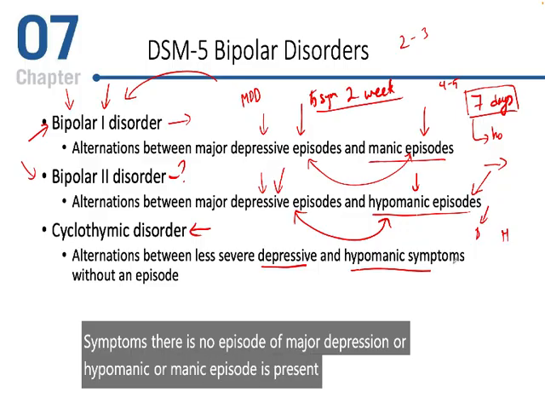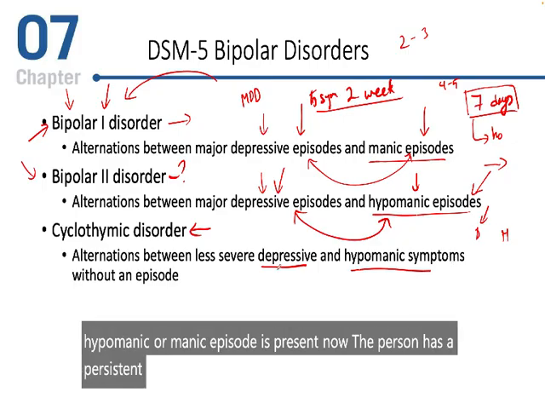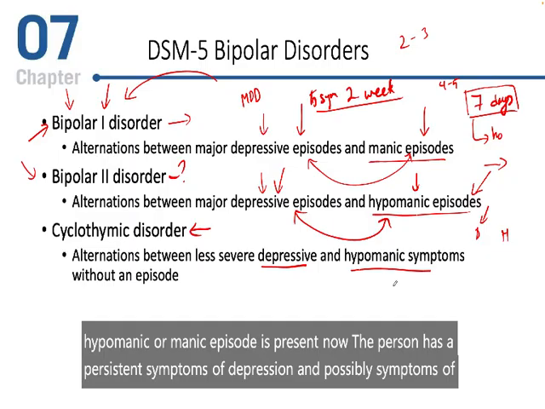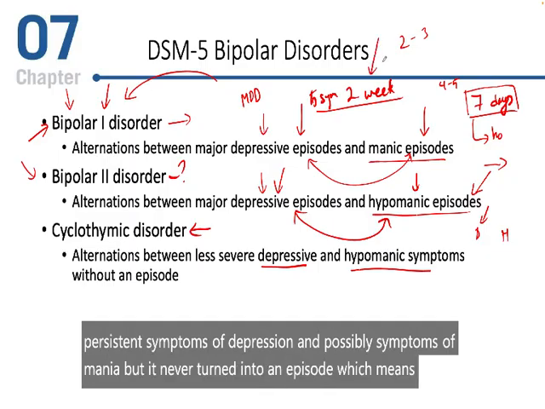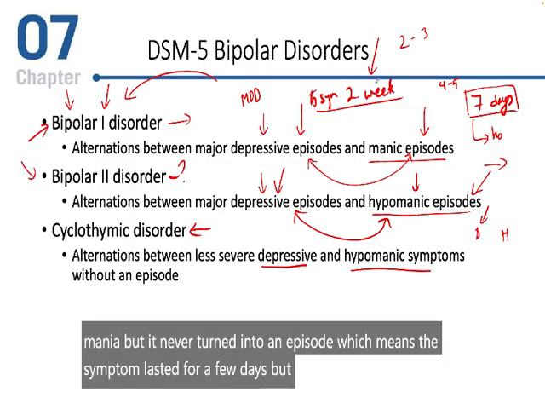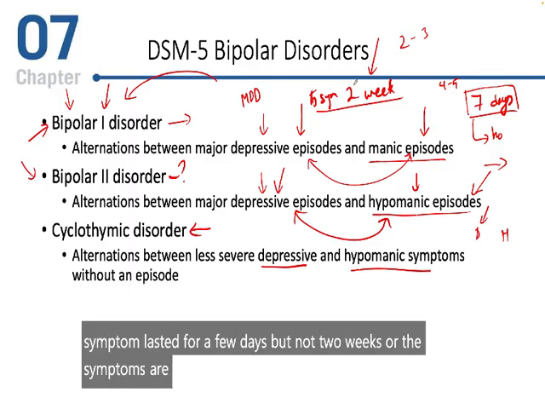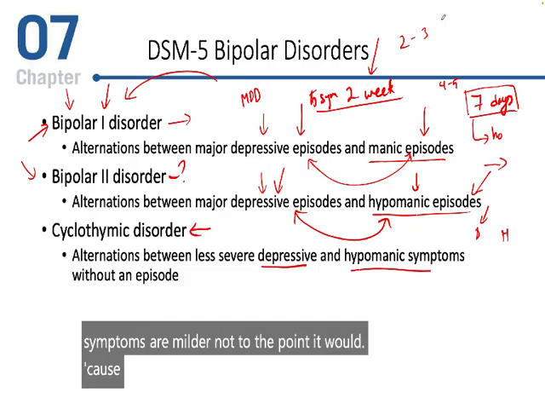Now, the person has persistent symptoms of depression and possibly symptoms of mania, but it never turned into an episode, which means the symptoms lasted for a few days but not 2 weeks, or the symptoms are milder, not to the point it would cause much impairment and distress.